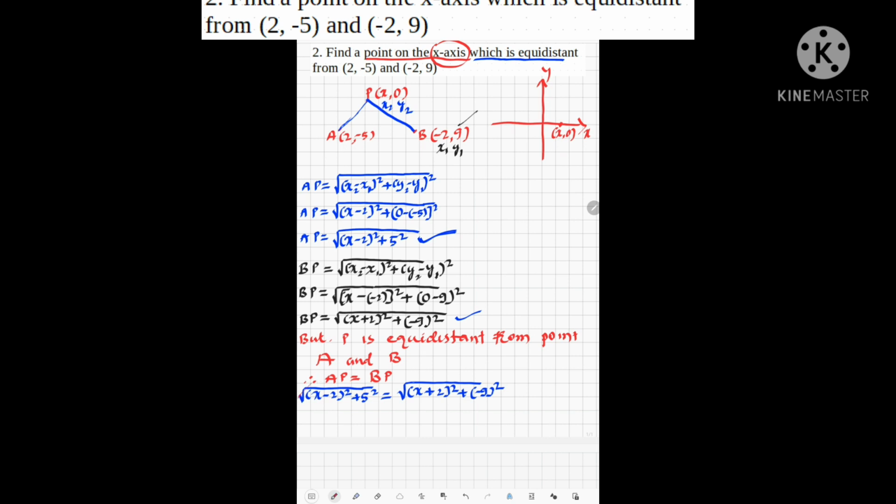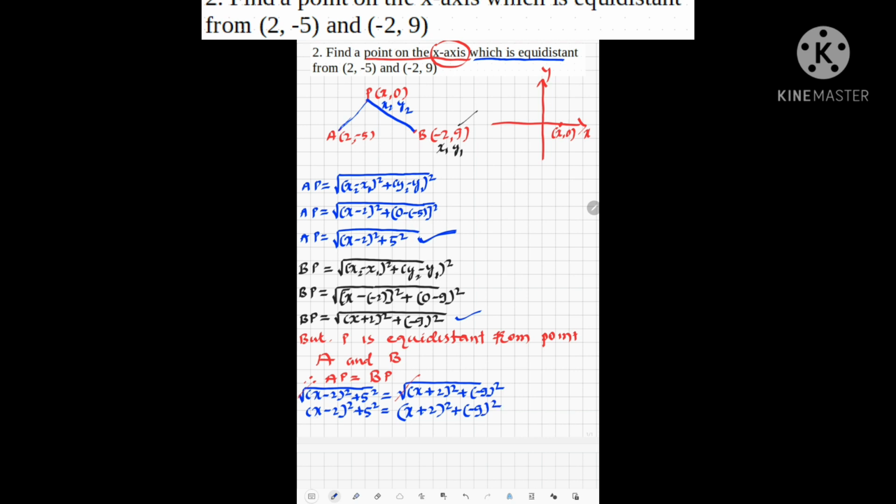Both side roots will cancel. Then the remaining is (x minus 2) whole square plus 5 square, equal to (x plus 2) whole square plus (minus 9) whole square.